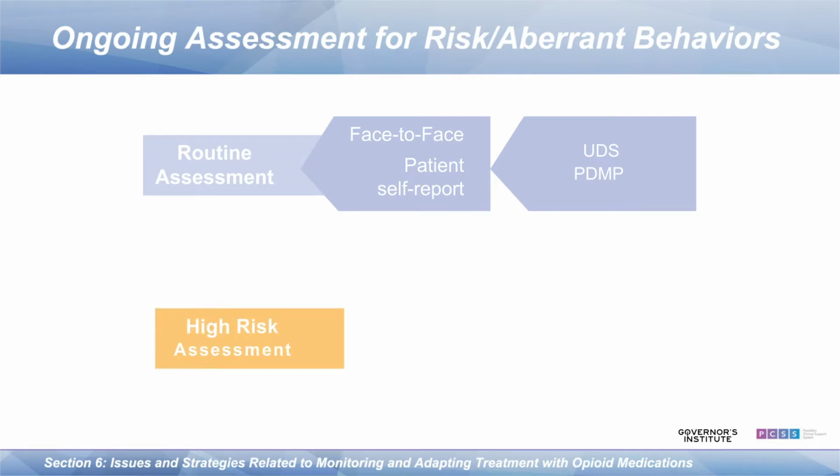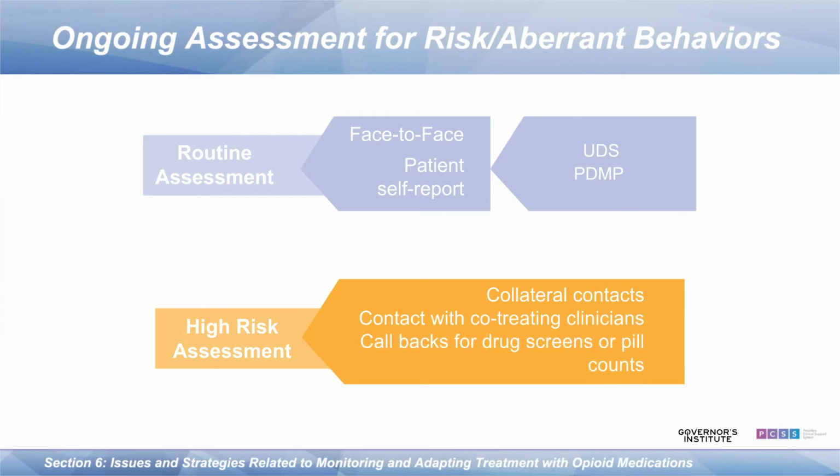In more complicated or otherwise high-risk patients, it may be necessary to gather information on patient function or problems from collateral contacts, such as family members, or through contact with other co-treating clinicians. For particularly high-risk patients or those for whom concerns develop about misuse or diversion, it may even be necessary to use callbacks for random drug screening or pill counts.